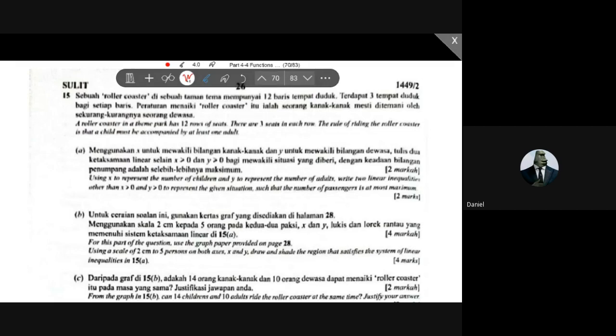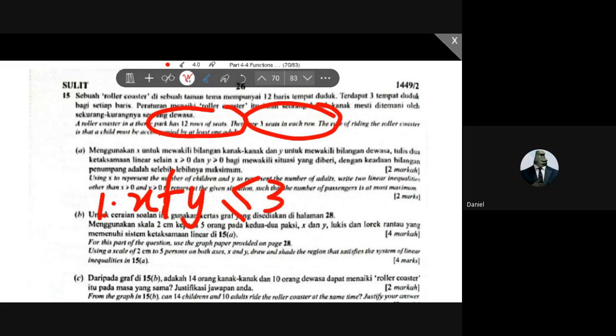So first of all, how do we do this? You see here, 12 row of seats, 12 baris, 3 kerusi, satu row. So we got people give answer. The x plus y less than or equal to 36. Yes, very good, Sanya. Correct. That's the first inequality. X tambah y less than or equal to 36.